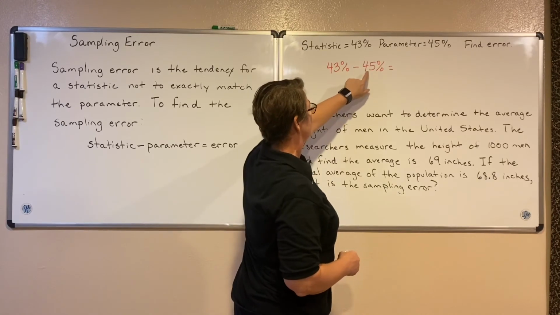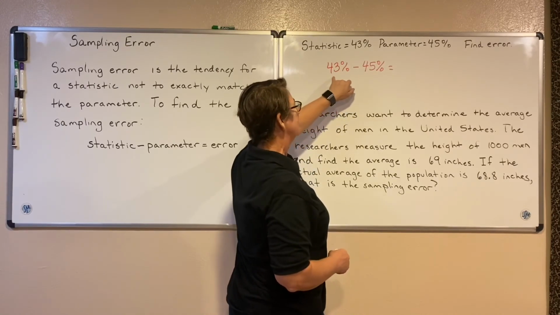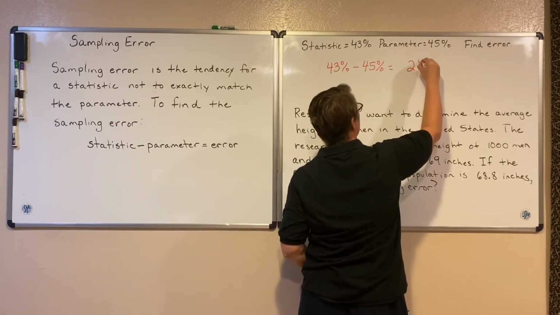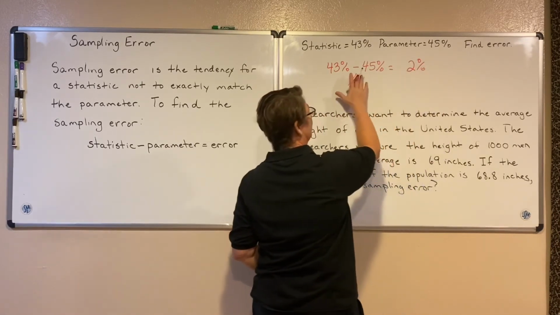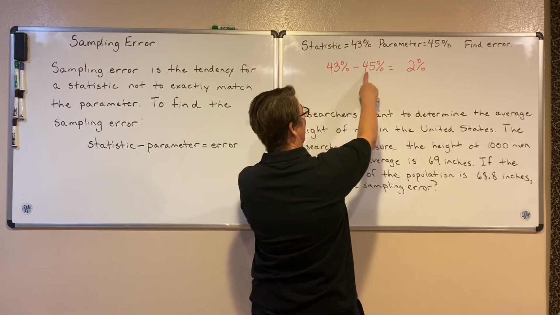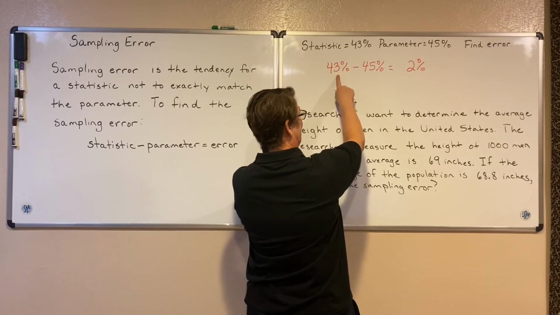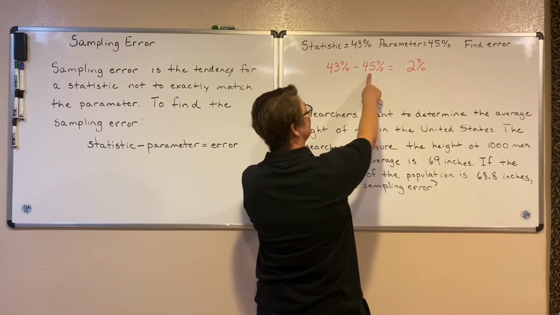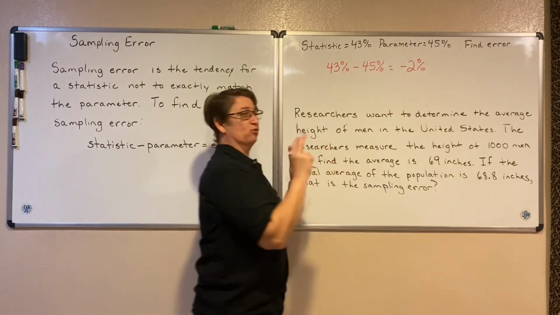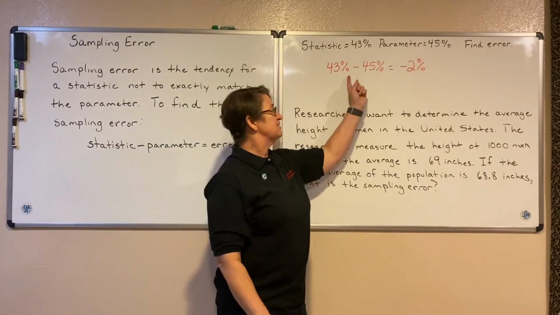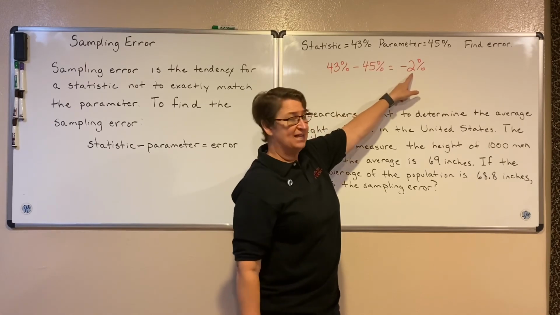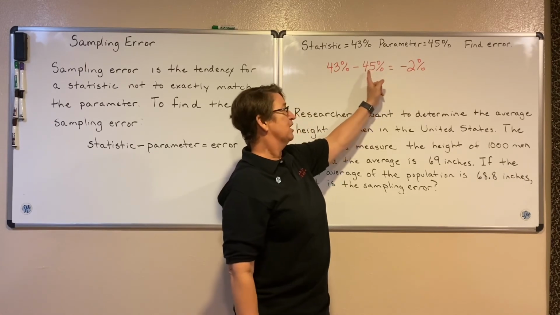Now we saw earlier that when we have integers and their signs are different, we really just subtract the two numbers. So 45 minus 43 gives me 2. And then I keep the sign of the larger number, in this case 45. So I started in positive land, I walked towards negative land, and I actually made it to negative land because 45 was bigger. So my statistic is 2% less than my parameter.